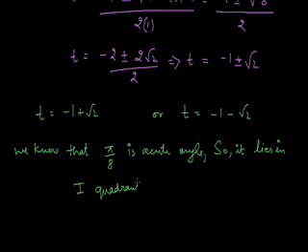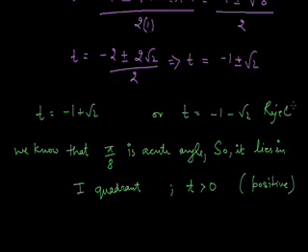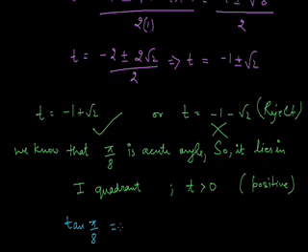And in the first quadrant we know that all trigonometric ratios are positive. Therefore t is positive. So we will reject this value because it's negative and accept this value. So the value of tan pi by 8 will be equal to root 2 minus 1.